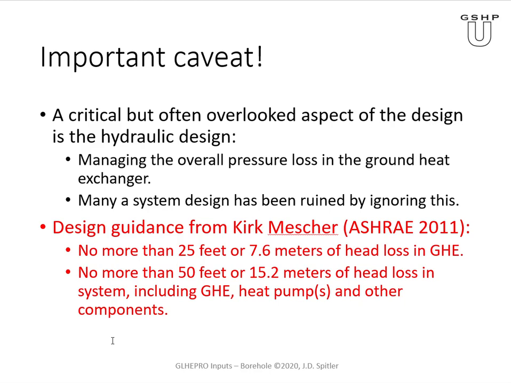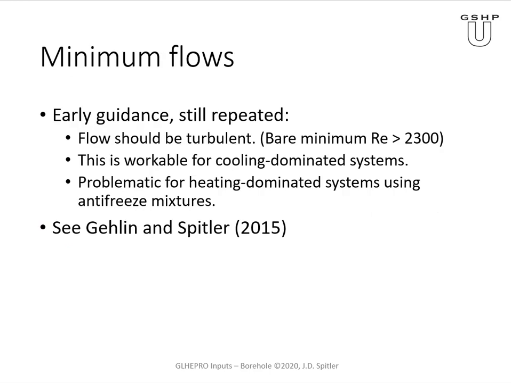When we go out and measure system performance, we see a lot of systems with very small delta T's across the ground heat exchanger. In other words, we have a very high flow rate, and of course that leads to a lot of excess pumping power. But on this issue of exactly what to do for heating dominated systems, I don't think it's completely resolved.